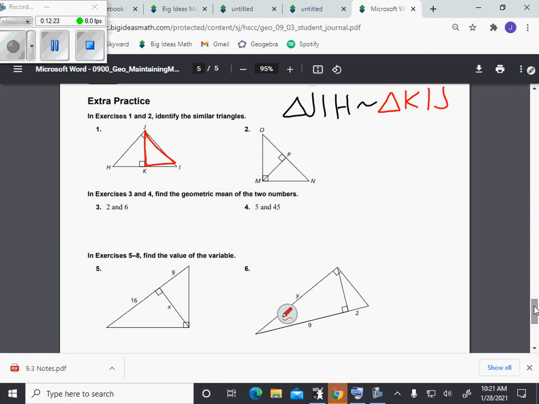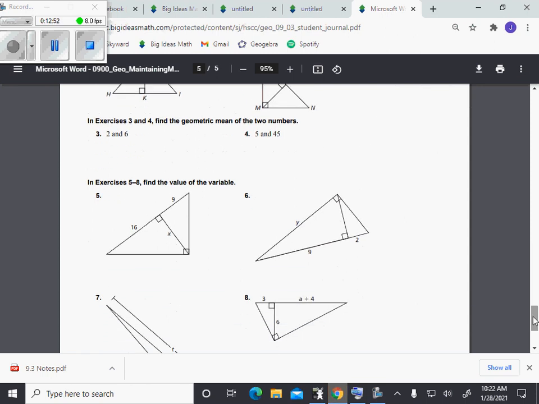Right, because I and I, order matters. And then the blue triangle is similar to triangle KHJ. Yeah, they're all similar. You guys can do number 2. I'm going to move on to number 3 and 4.